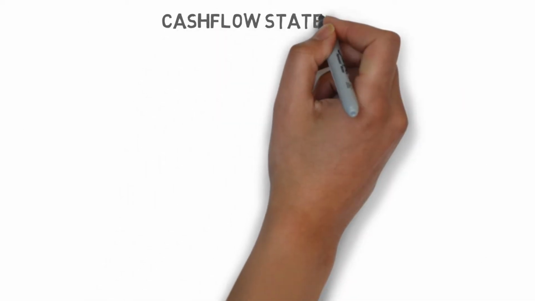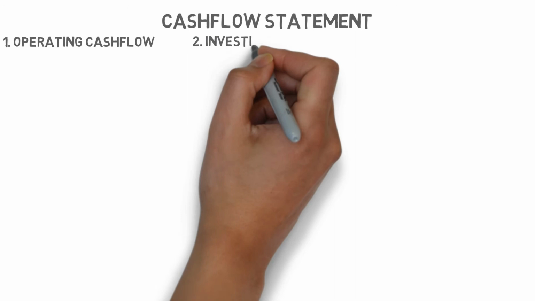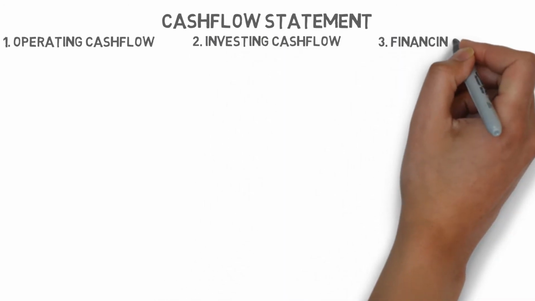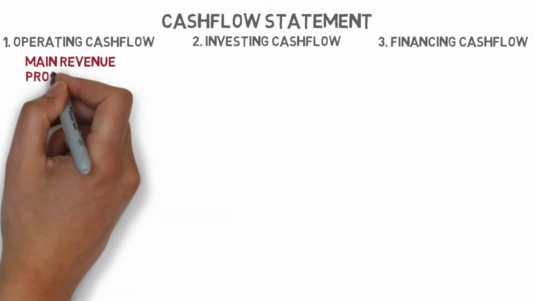A cash flow statement is divided into three components. The main components of cash flow are operating activities, investing activities, and financing activities. First, we will discuss the operating cash flow. Operating activities are the principal revenue-producing activities of the entity.